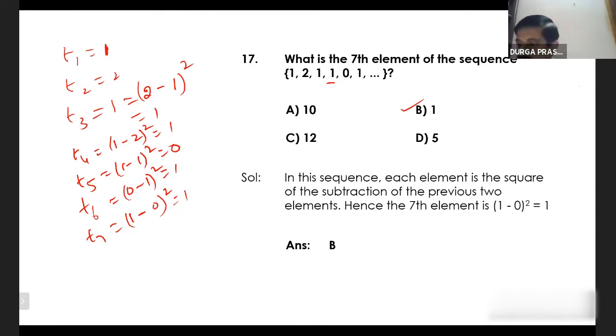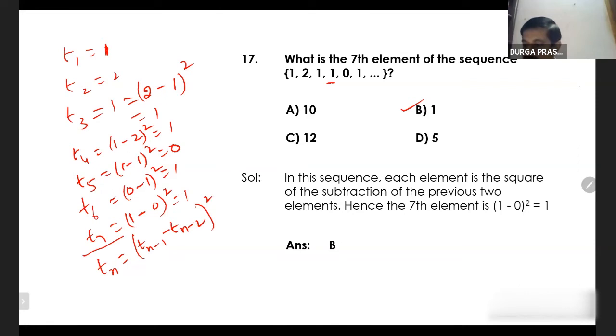See, how do you get this rule? It's only by observation, children. There is no standard rule or process for identifying this. You should observe and be able to tell what is what. If you look at this question, the rule is Tn equal to Tn minus 1 minus Tn minus 2 whole square.